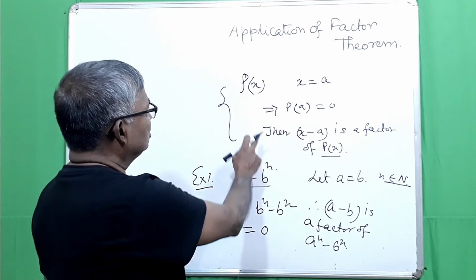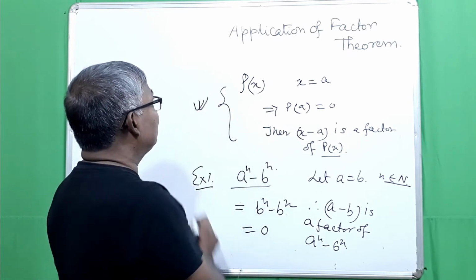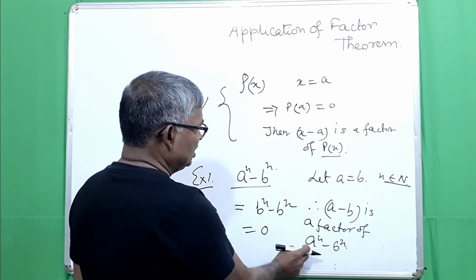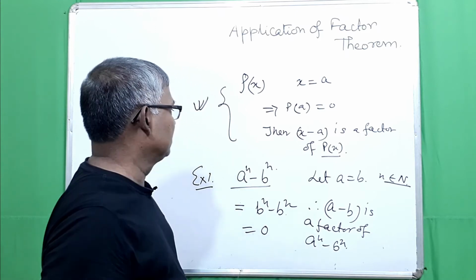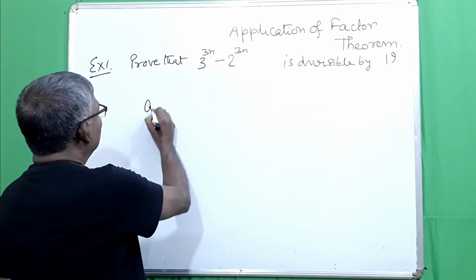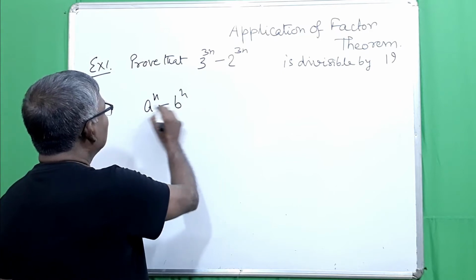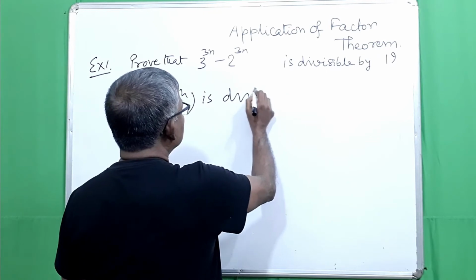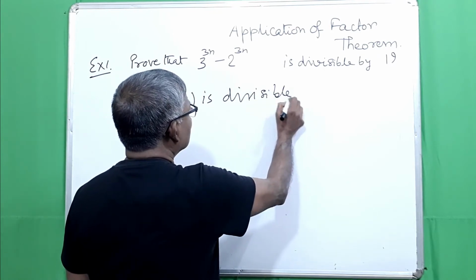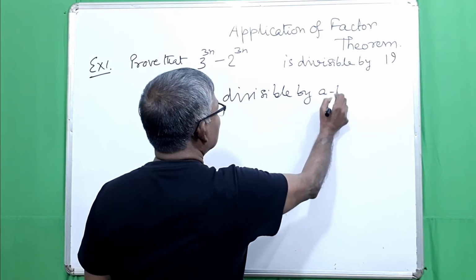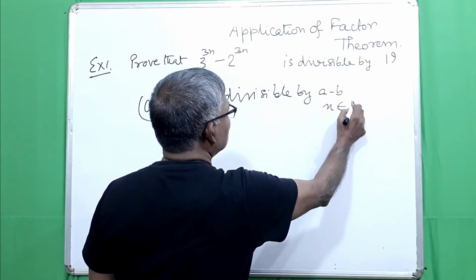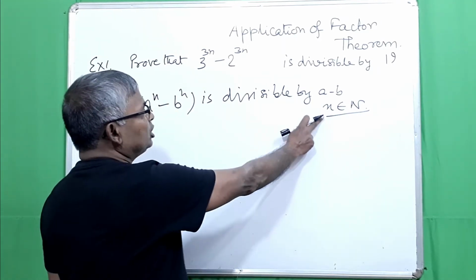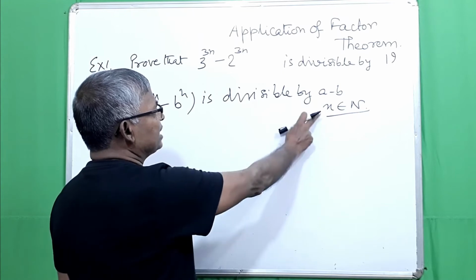Therefore, from this factor theorem, we can say a minus b is a factor of a to the power n minus b to the power n. We have learned a to the power n minus b to the power n is divisible by a minus b, where n belongs to N, that is n be any positive integer or natural number.